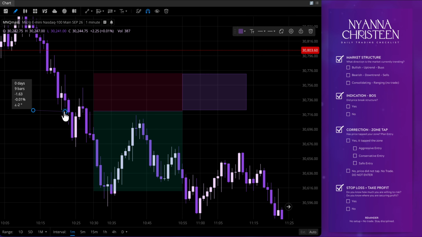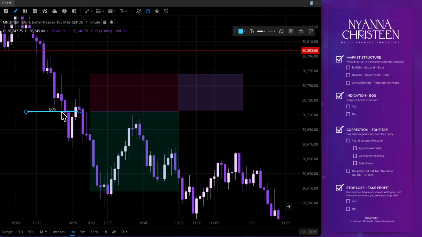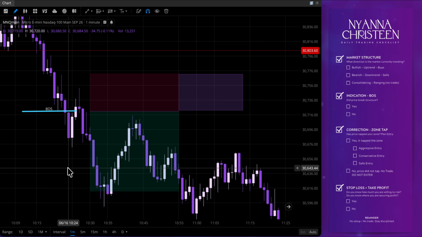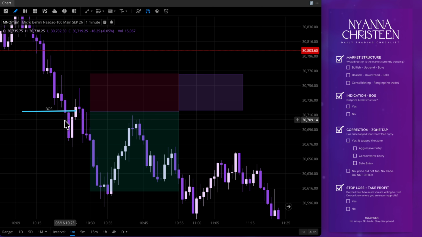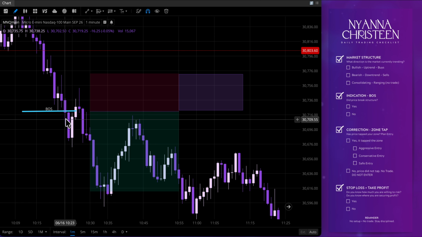Anyways, we need price to indicate that it wants to continue this downtrend by creating a lower low. What happened? This candle pushed lower. So the zone that this candle pushed out of was the previous zone of the opposite color.